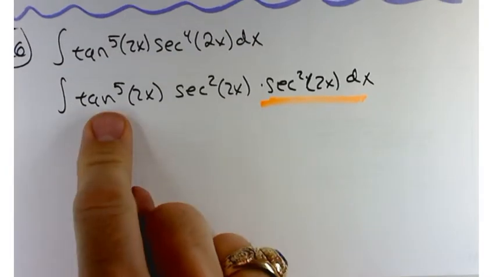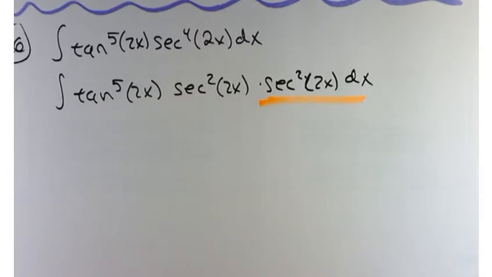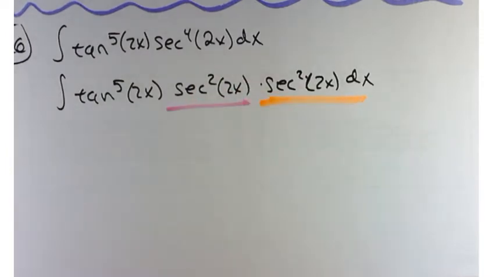This is going to be part of my du term, so I need to do something with that other secant squared term. I'm open to suggestions. There you go. We're going to start using the identities here. So going way back to the start there, secant squared was equal to tangent squared plus 1.